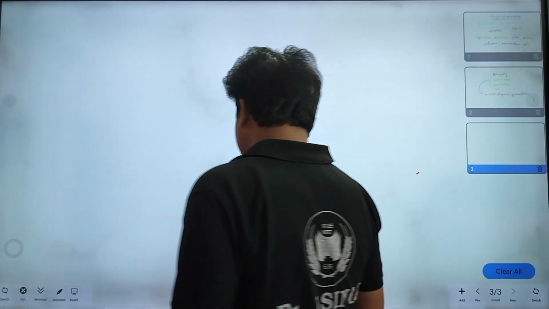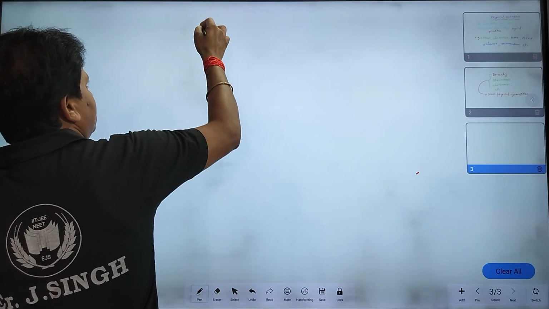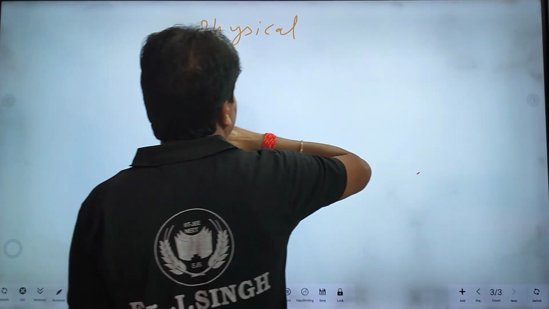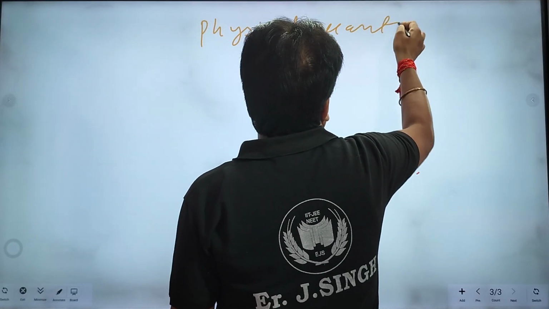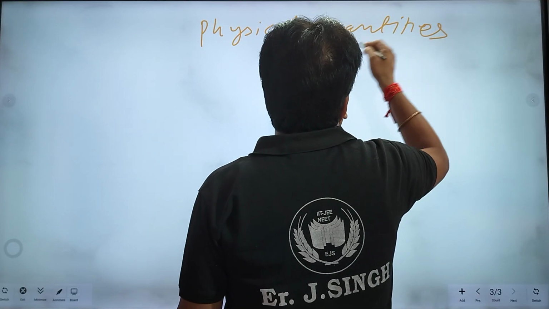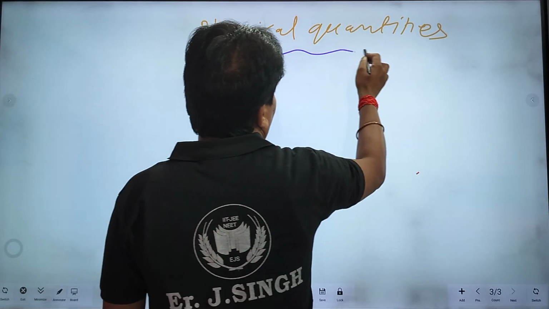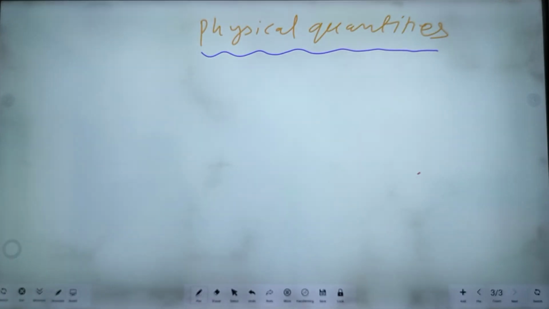Now I am going to discuss types of physical quantities. Physical quantities are those quantities which can be measured.